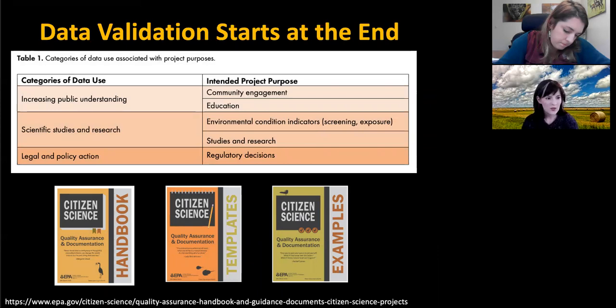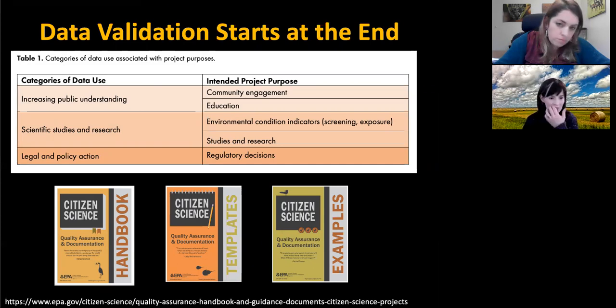Those projects whose purpose is to do studies, do research, come up with environmental condition indicators, their data is going to be used for actual scientific studies, publications, and research. And for those projects whose purpose is to inform regulatory decisions, that data is going to be used for legal and policy action.